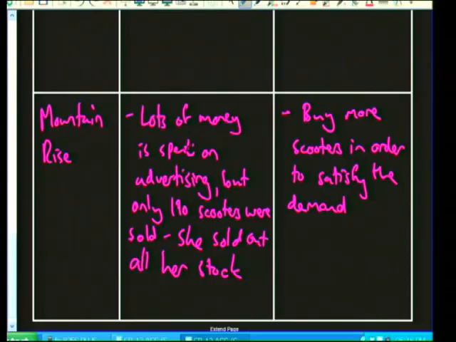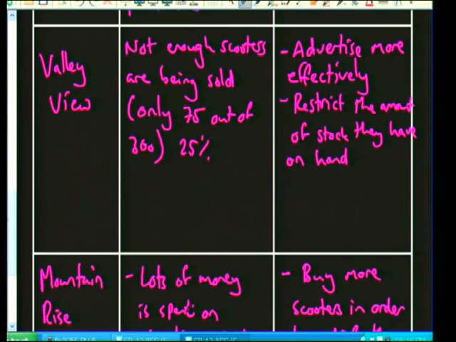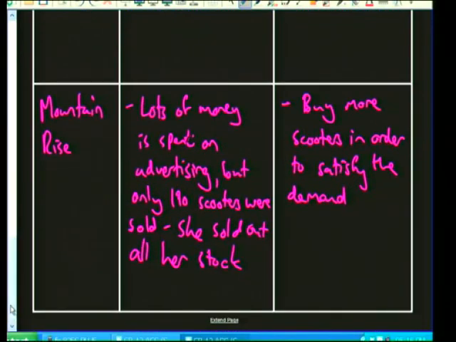If she had more scooters, she'd be able to sell more scooters, and her advertising strategy is working very well. Finally, if we're combining the two, we should actually have fewer scooters available to Valley View, to Vusi's business, and move them over to Melanie's business, to Mountain Rise. One branch is buying too few scooters to sell, and the other branch is buying too many scooters to sell.